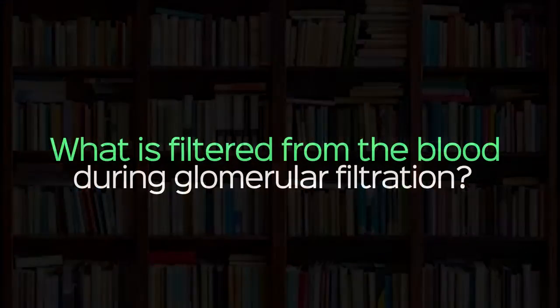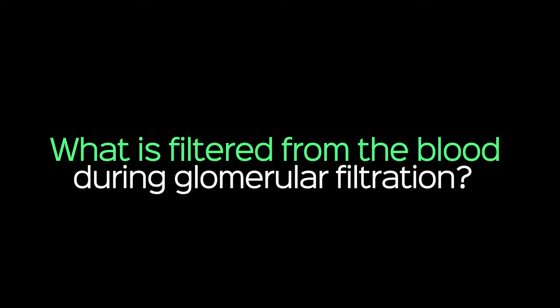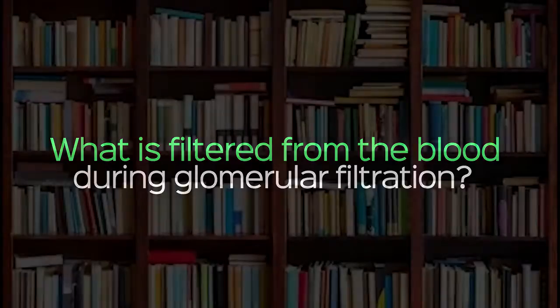The glomerular filtration rate measurement comes from the name of the filtering units inside your kidneys, called the glomeruli as mentioned. What is filtered from the blood during glomerular filtration?